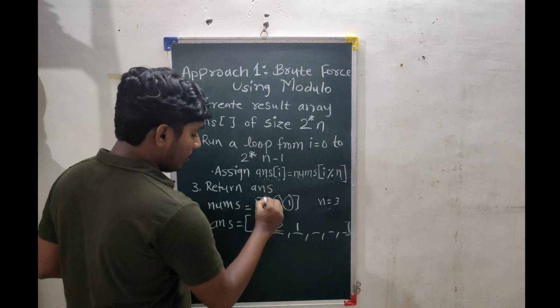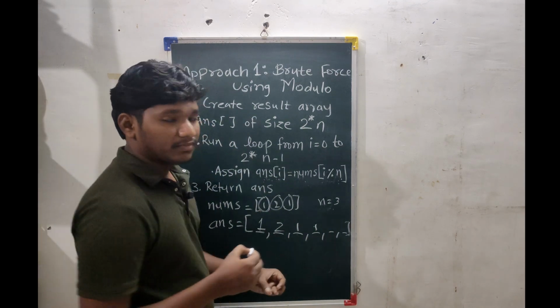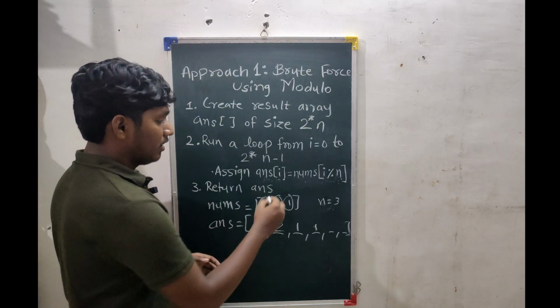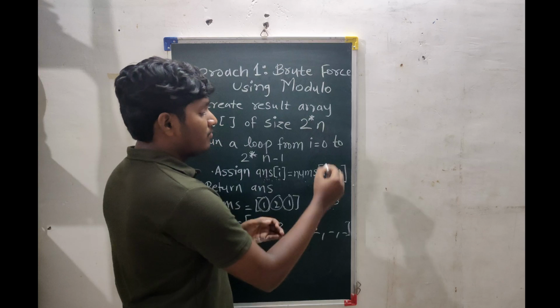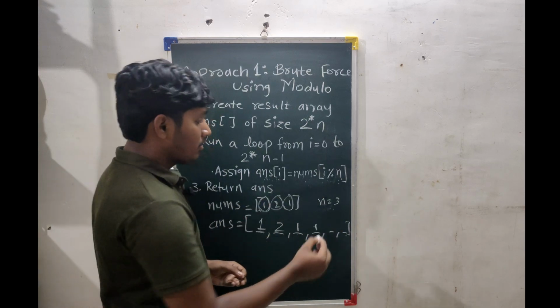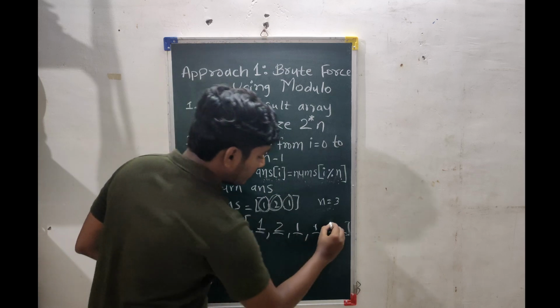Nums of 0 is 1, and again it increments i, and in the next iteration answer of 4 is equal to nums of 4 modulo 3, and 4 modulo 3 is 1, so nums of 1 is assigned to answer of 4. Nums of 1 is 2.